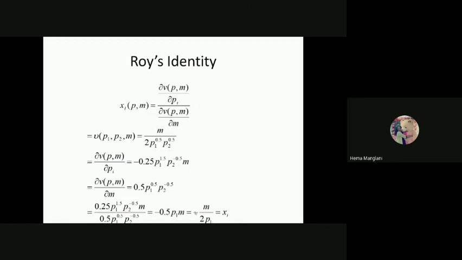Always, because it is an inverse, the value of x1 or x2 will be negative, because the demand curve always slopes this way. So this value is always minus x1 or minus x2. So M by 2 p1 equals minus x1.